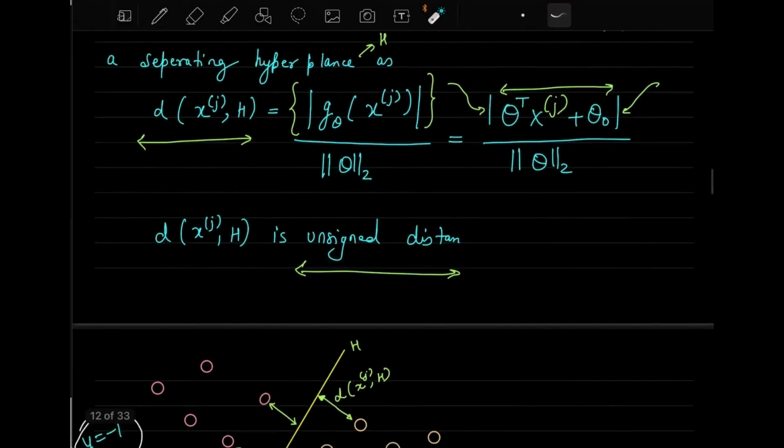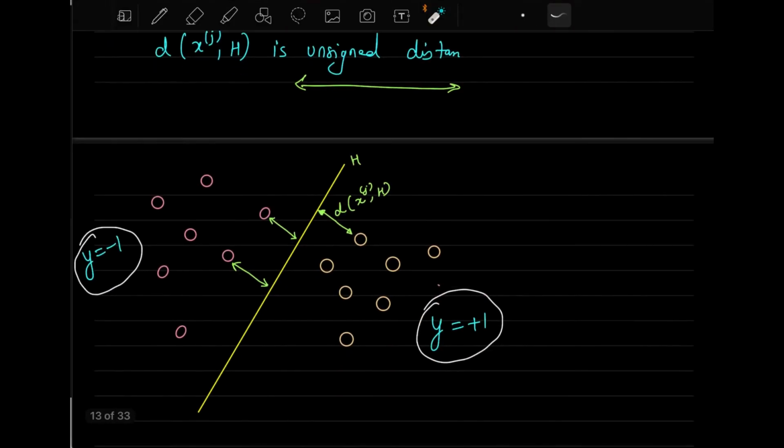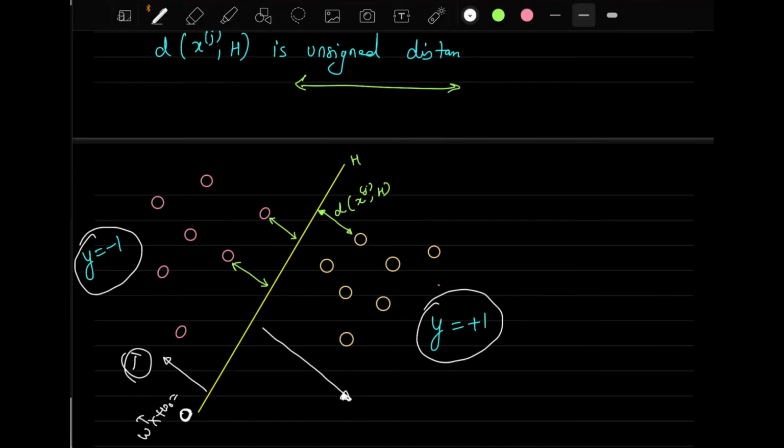One thing to note here is that this is the hyperplane, of value 0, because here you have w transpose x plus w0 equal to 0. All the points on this side are positive, and all the points on this side, if you measure in terms of distance, will be negative values.